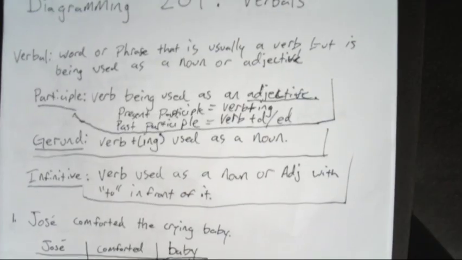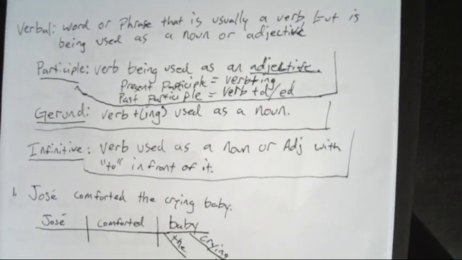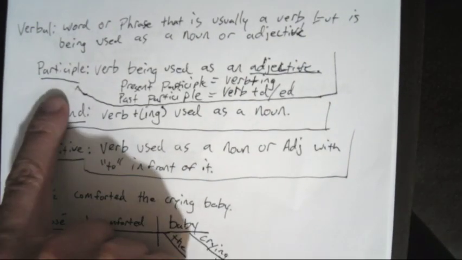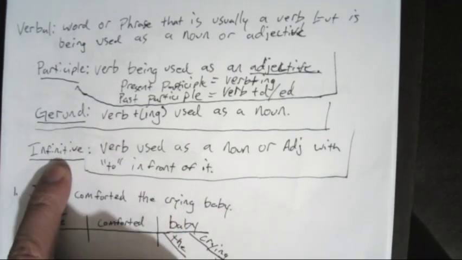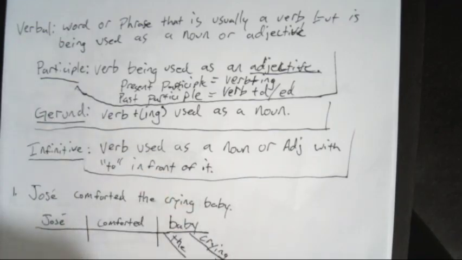And there are 3 different types of verbals that we talked about. There's the participle, the gerund, and the infinitive. So a participle is a verb being used as an adjective, and it's going to end with d, ed, ing, or s.